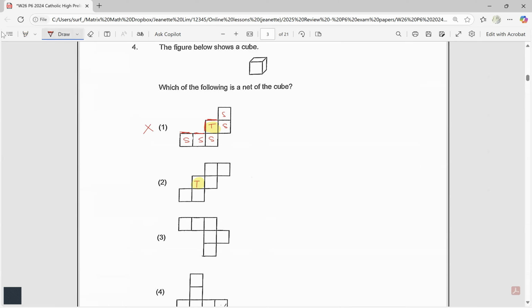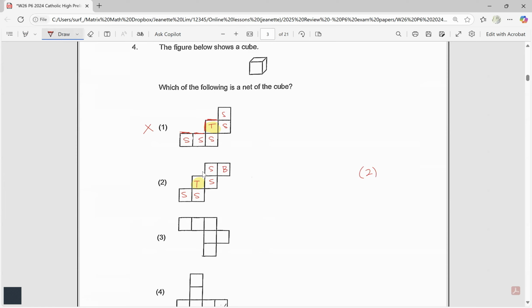Then the sides would touch the top, and the last one will not touch the top. Imagine this one wraps around this side, and this will go right underneath the top. So the answer is option 2.